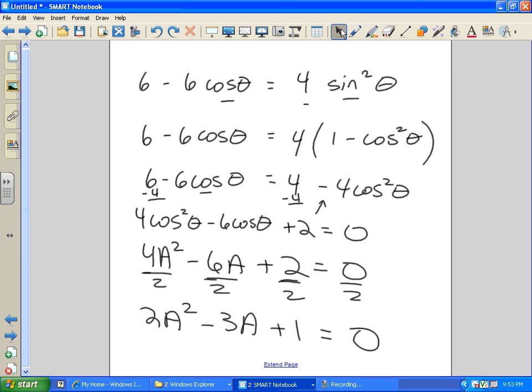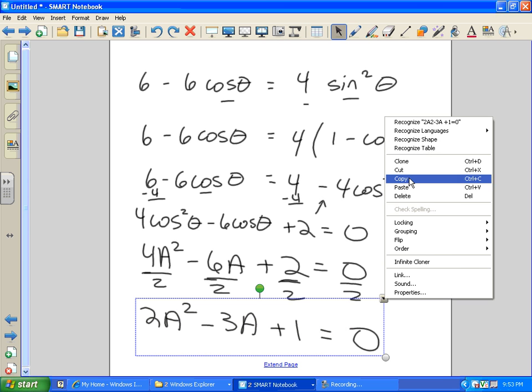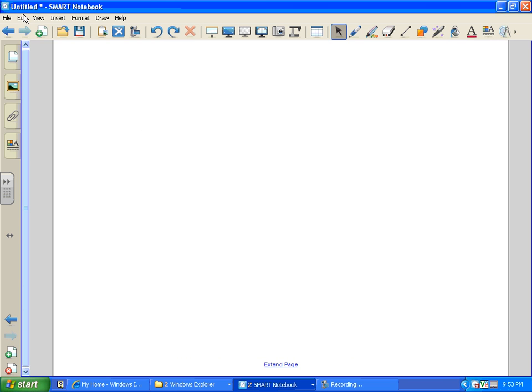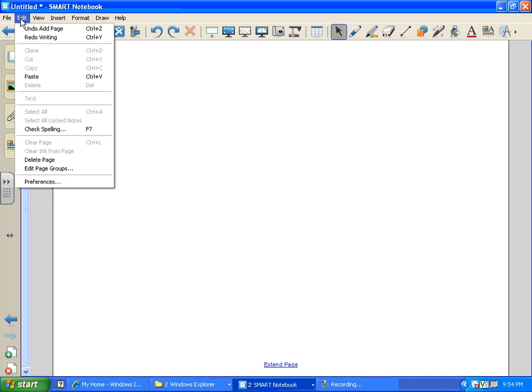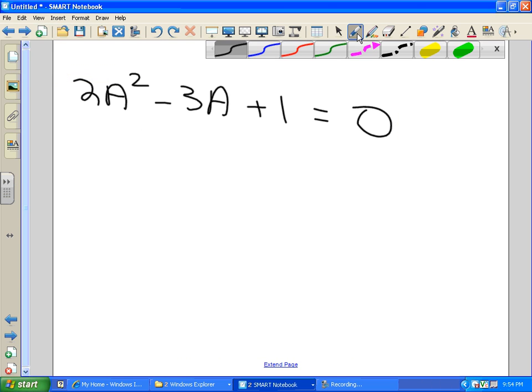Now, let me paste this over real quick. Okay, so now let's look for factors of 2 that add to give me 3. That would be 2 and 1. Both signs would be negative. So out of the first group here, we'll factor out a 2a.